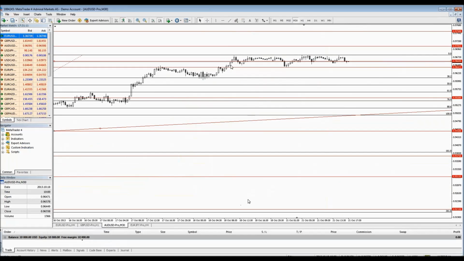You see a range. Look at my red levels here. This level is perfect, 96.40. And look at this, it's going up and down. So mark the range, 96.80, 96.40, this is the range.